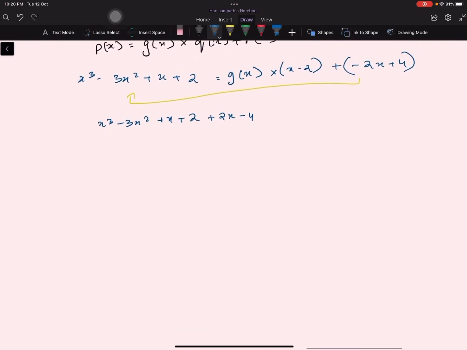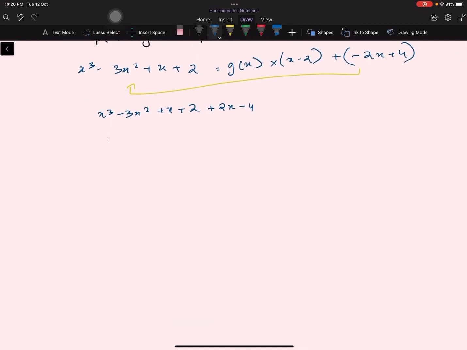So we are gonna get x cube minus 3x square plus 3x minus 2. So I just take g of x into x minus 2.